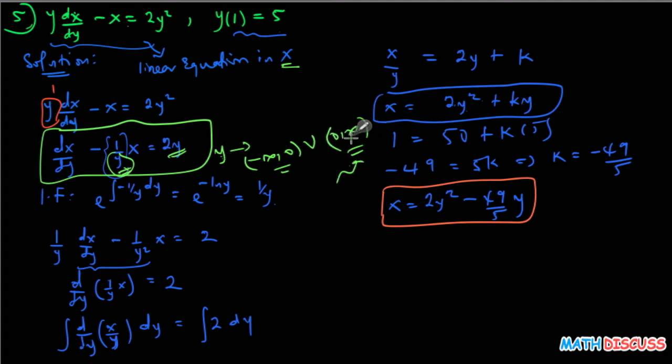If y ranges from 0 to infinity, when y is 0, x is just 2 times 0 minus 0, which is 0. And when y is a very large number, infinity, since this has a power of y squared, that is the leading term.